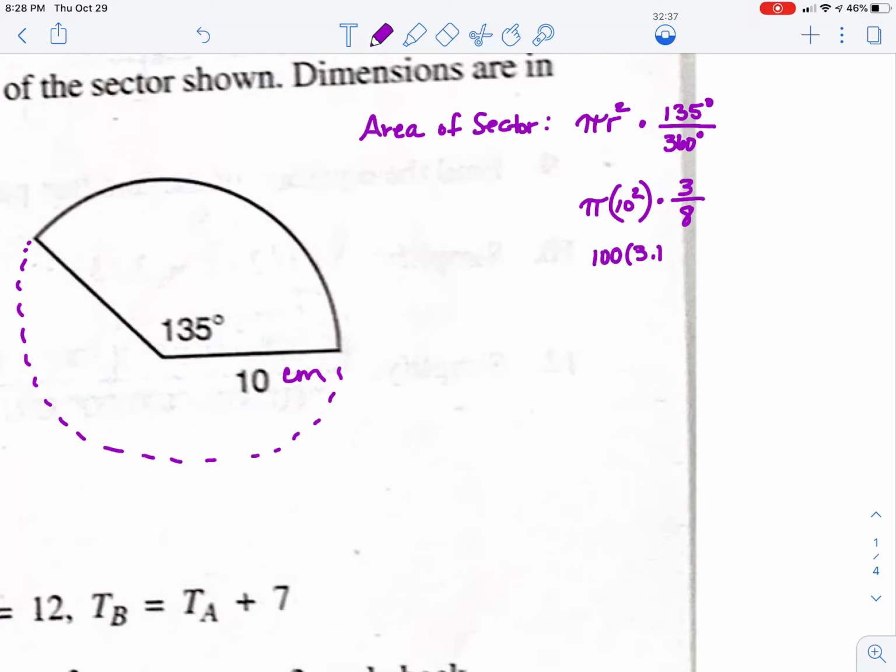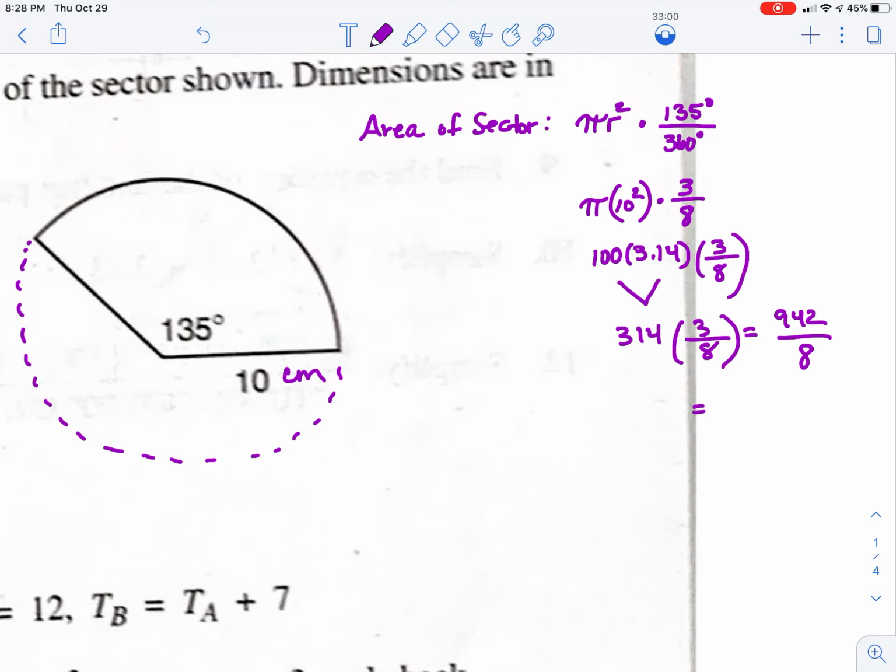So I'm going to have 100 pi, or 100 times 3.14, times 3/8. Let's do a little math here. So I'm going to have 314 times 3/8. When you do the math on that, you're going to end up with 942 over 8.